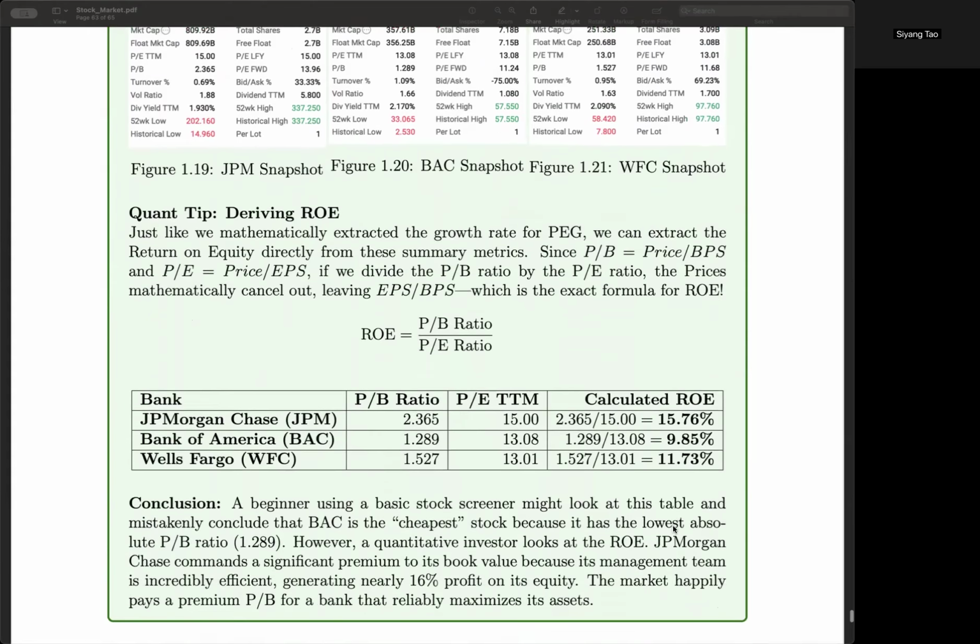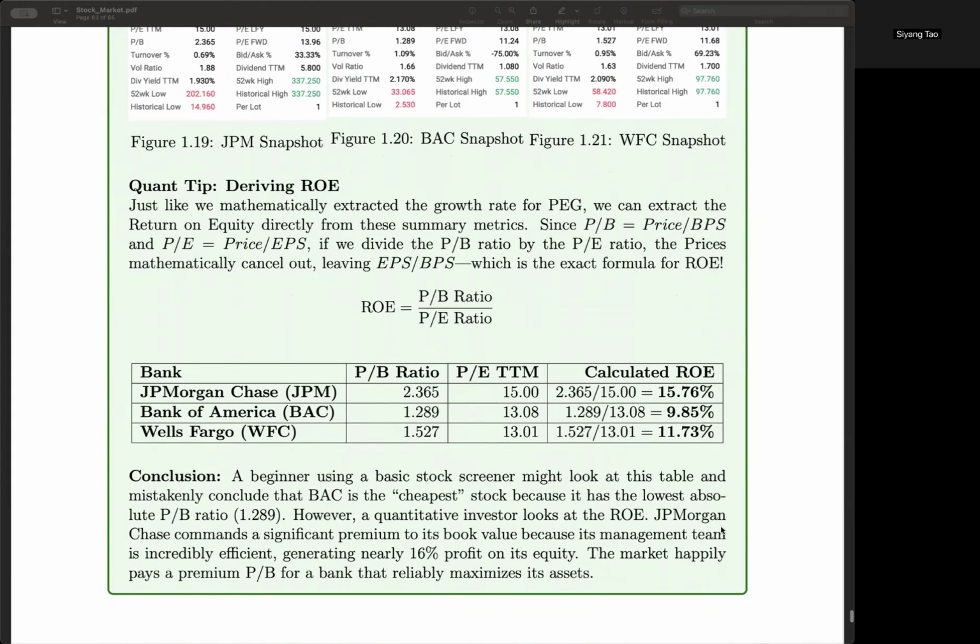JPMorgan commands a premium price to book ratio because its management team is incredibly efficient. The market happily pays a higher premium for a bank that reliably maximizes the cash generated from its assets.